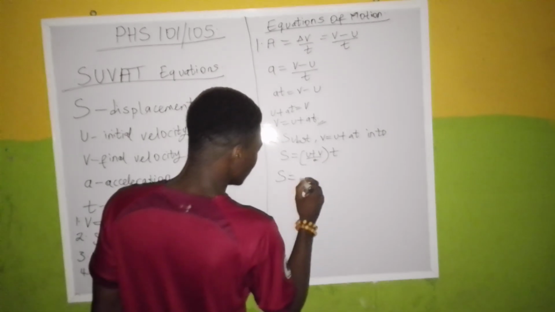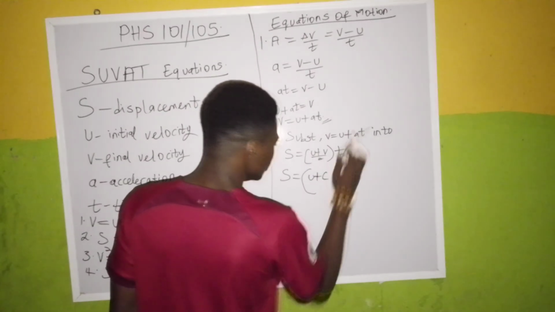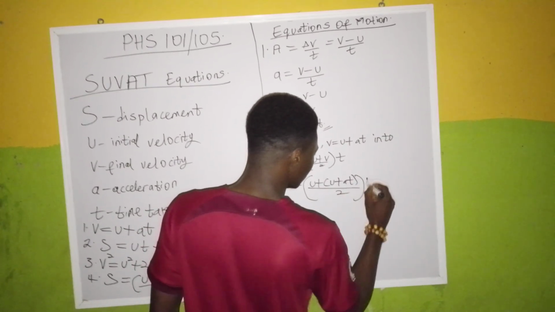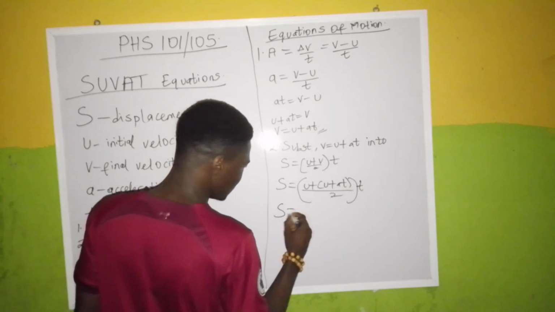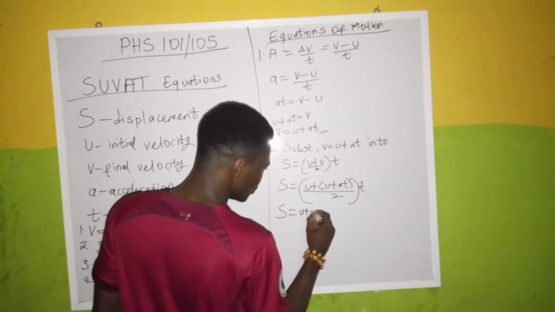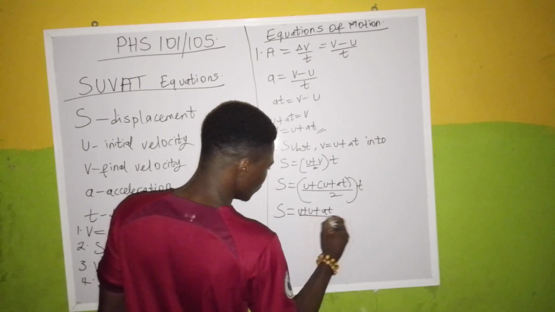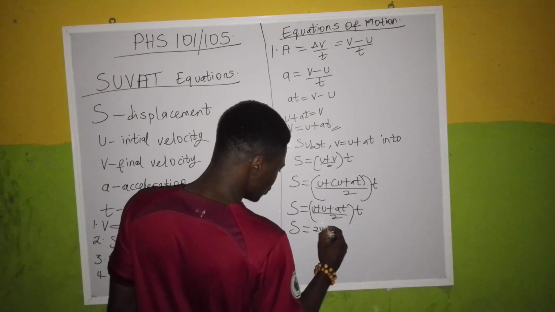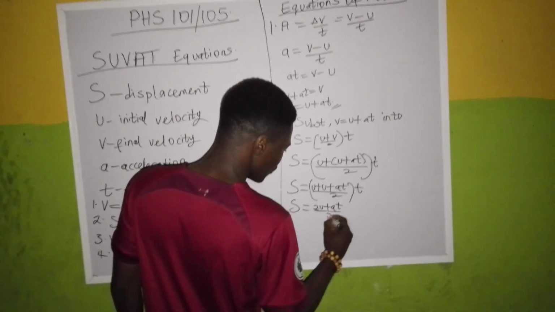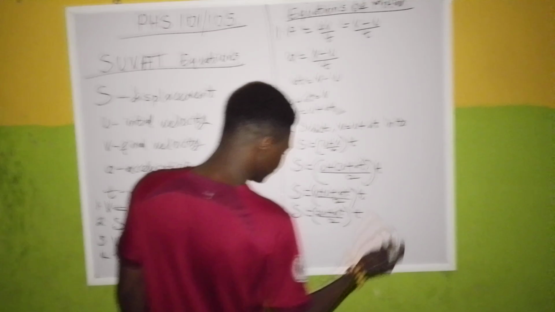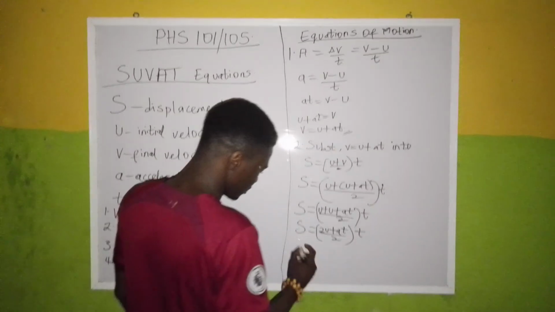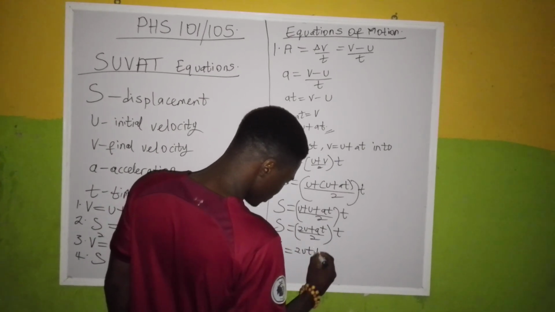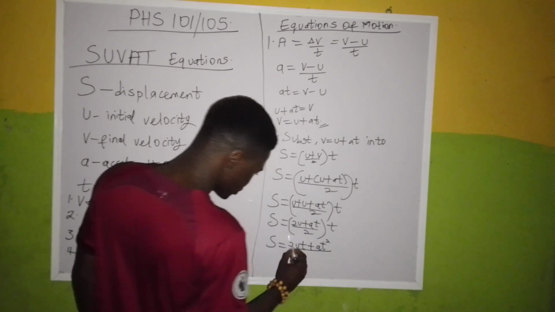So we have S equals (U plus U plus AT) over 2, times T. Collecting terms, we have (2U plus AT) over 2, times T. Going further, if the T multiplies everything in the brackets, we have (2UT plus AT squared) over 2.